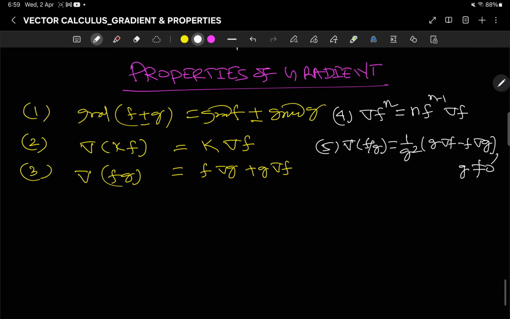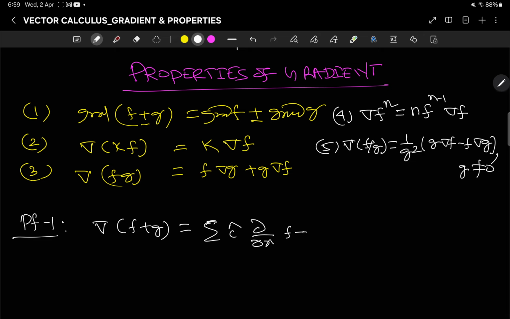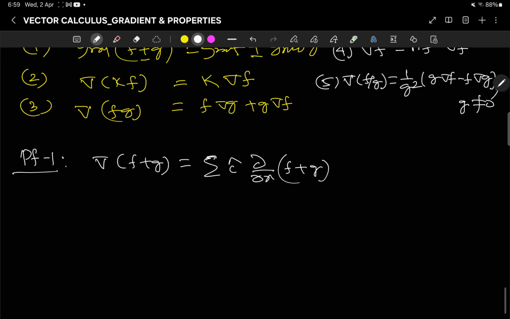If we prove them, coming to proof 1, grad of f plus g, you can write as the summation of i del by del x of f plus g, in short. That is equal to the summation of i del f by del x plus del g by del x, so you split them: the summation of i del f by del x plus the summation of i del g by del x.